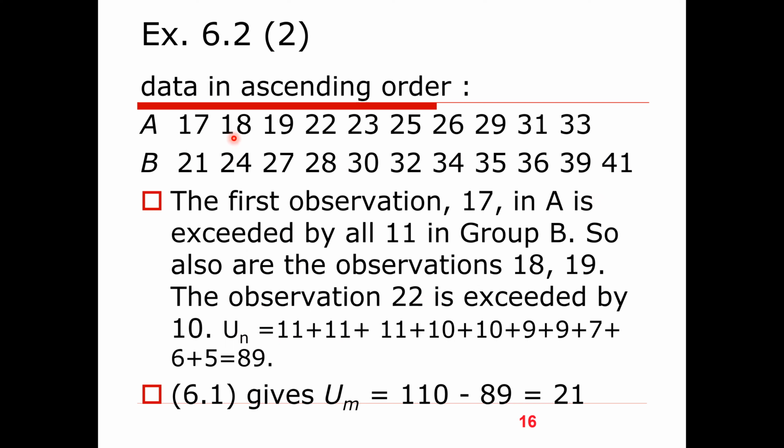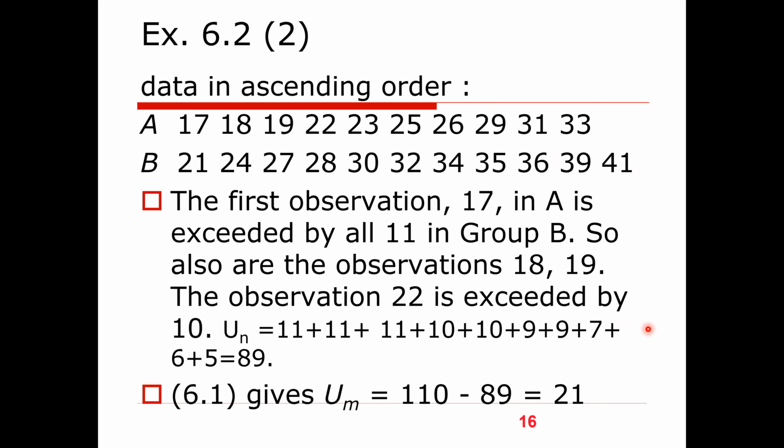And 18 is also less than all of them, so 11 for 18. 19 is also less than all of the observations in group B, so 19 is also 11 here. And so on and so forth, until here, 33 is less than 5 observations in group B. So the last is 5.